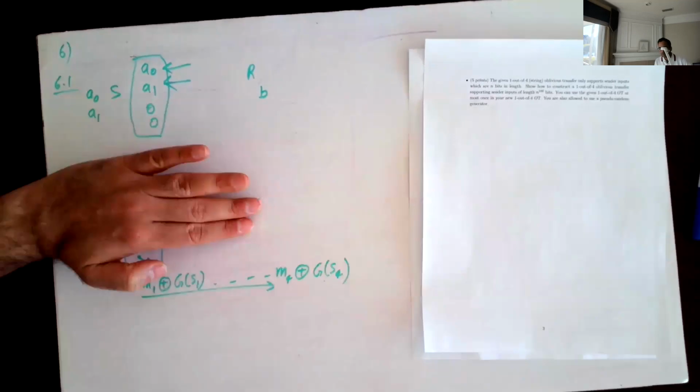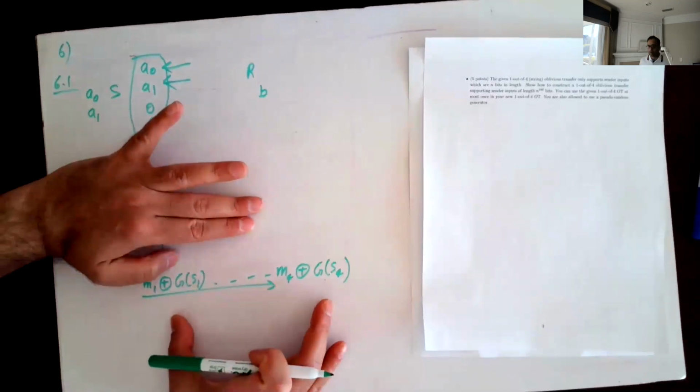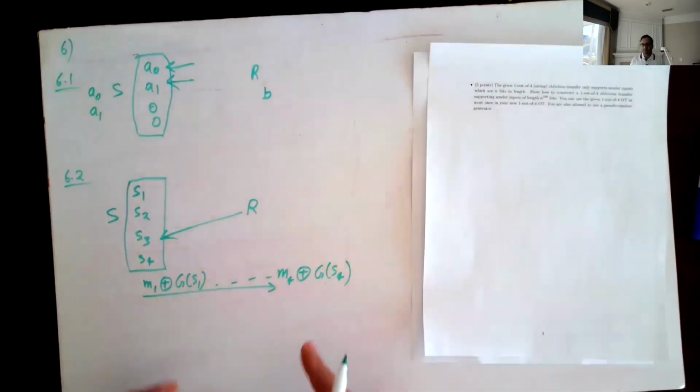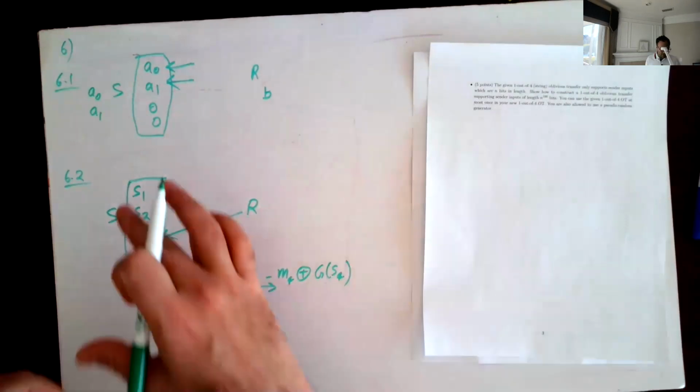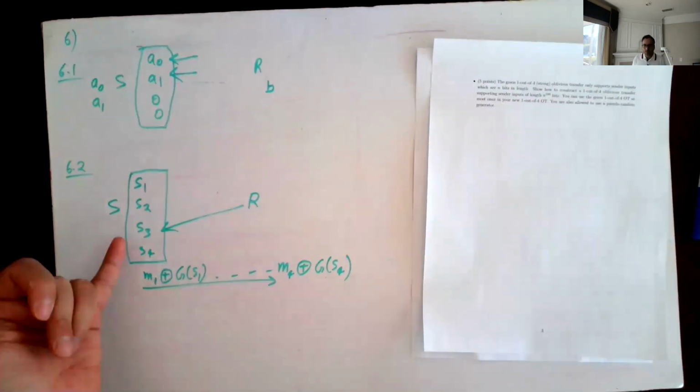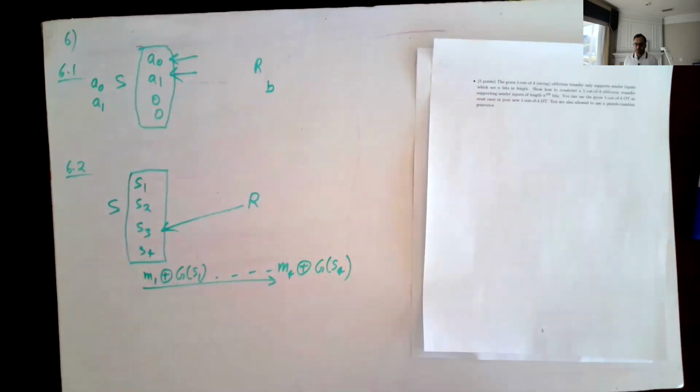Right? So forget about the OT. If you look at this message alone, the receiver has no idea about any of the messages because the PRG acts as a one-time pad. On the other hand, if you get one of the seeds, let's say if you get S3, you can compute G of S3, which would allow you to recover M3. So if you only get one seed, you only get one message.